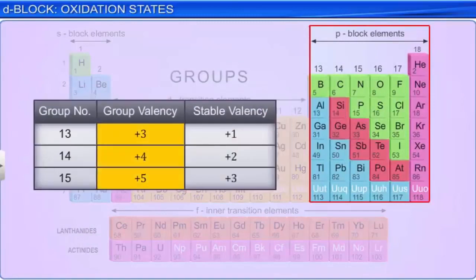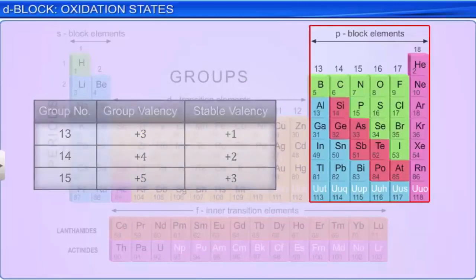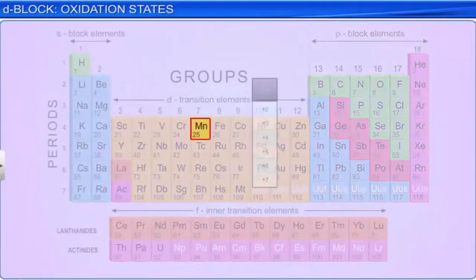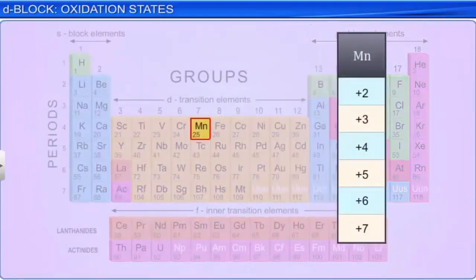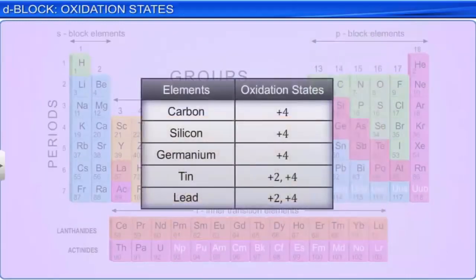For example, manganese exhibits all the oxidation states from +2 to +7, which differ from each other by unity. On the other hand, tin and lead, which belong to group 14, exhibit oxidation states of 2 and 4.